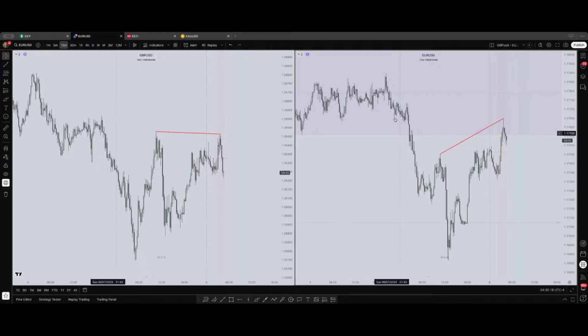So yeah, so far this is the correlated market.